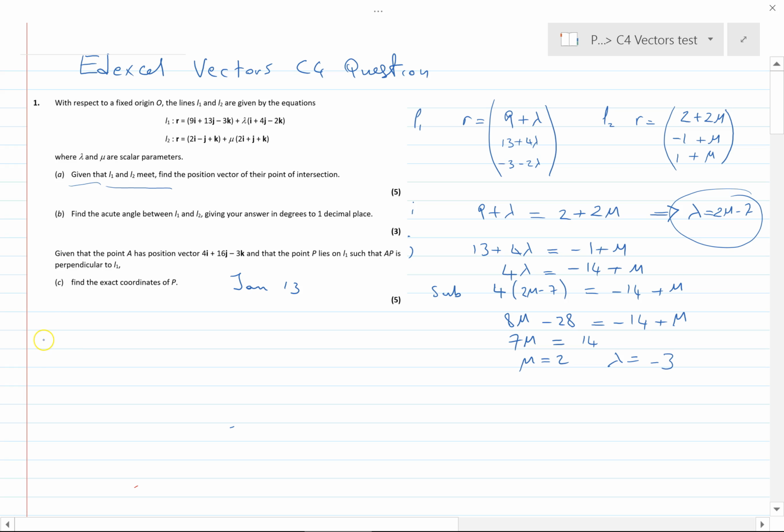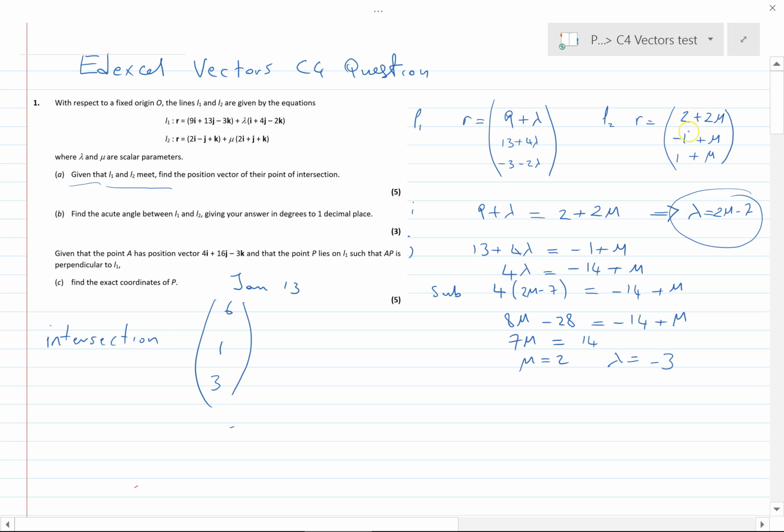So the position vector of the point of intersection will be, so let's put minus 3 in here, that's 9 minus 3, that's 6, 13 minus 4 times 3, that's 1, and minus 3 in here, that's minus 3, minus 2 times minus 3, so it's minus 3 plus 6, that's 3.